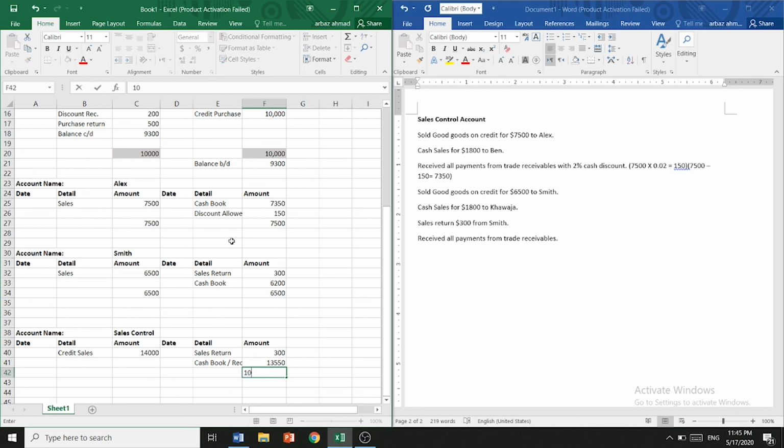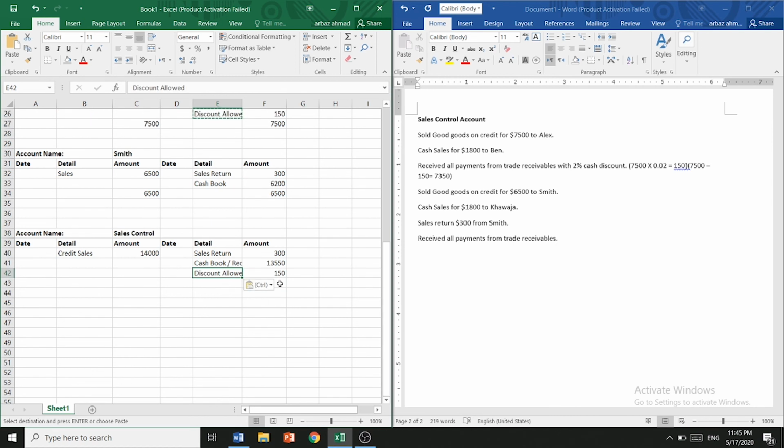I'm just going to write 150 first, and then I can just copy paste. Let's save some time. All right, here I will have the total. I'm leaving one line because I have to give the example of what happens if we have balance brought down and balance carried down.